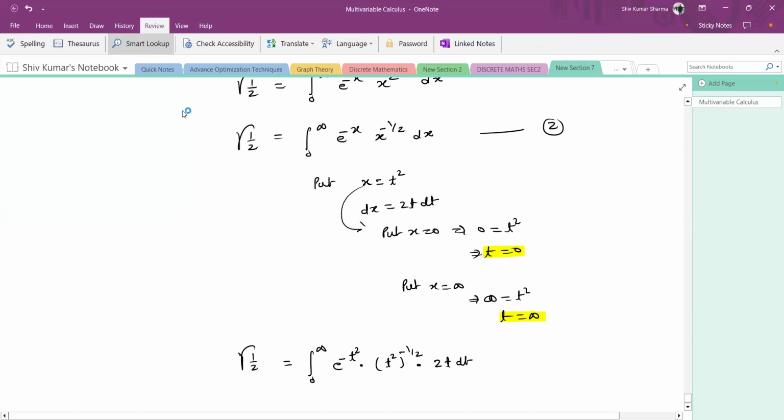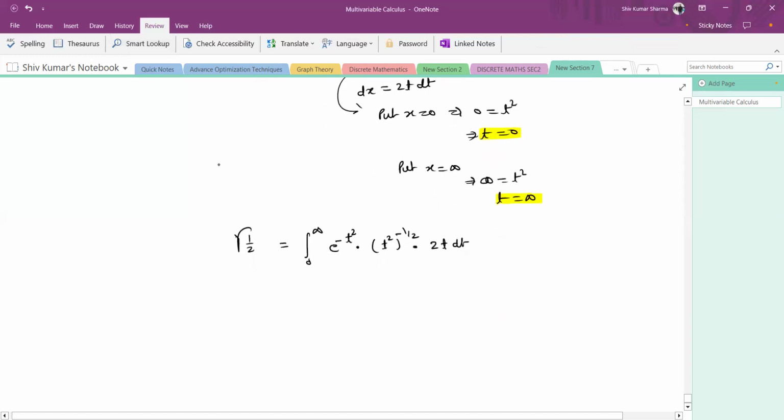So we simplify this. We see the integral 0 to infinity of e raised to the power minus t square and t raised to the power minus 1 into 2t into dt. So t raised to the power minus 1 into t gives us minus 1 plus 1, t raised to the power 0, and t raised to the power 0 is 1.